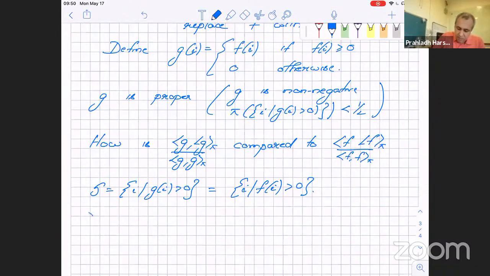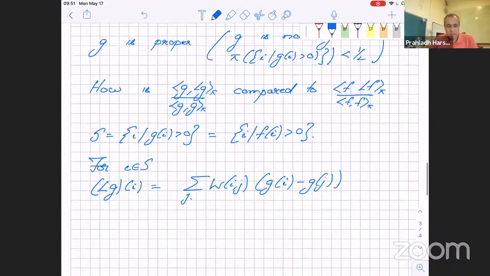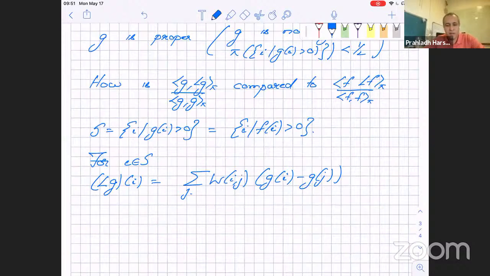Now let's look at, for i in S, what is L of G of i. We saw last time, this is exactly the sum over all j of W_ij times (G(i) minus G(j)). The definition of the Laplacian matrix had this property.